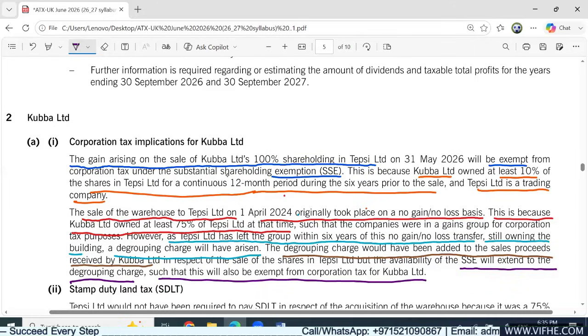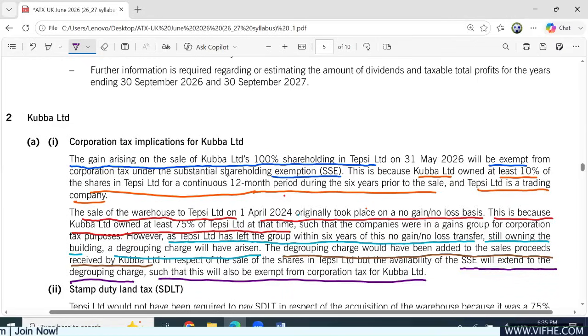Had they computed any gain, they were supposed to pay corporation tax, though individuals do pay CGT on the disposal of any chargeable assets. And for companies, there is no concept of CGT. There's no concept of capital gains tax. It is always the corporation tax that companies have to bear, right?